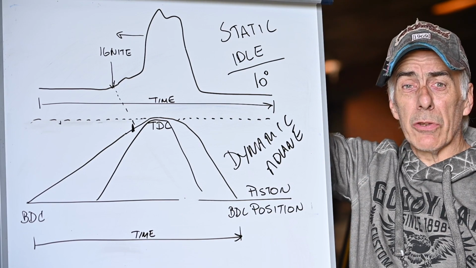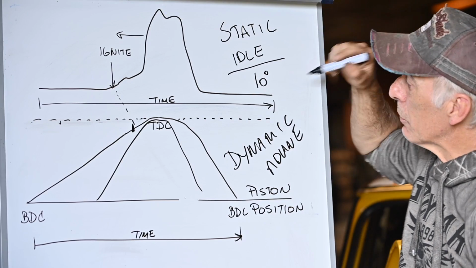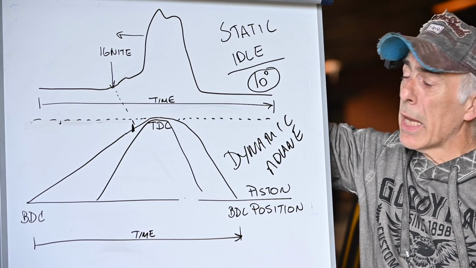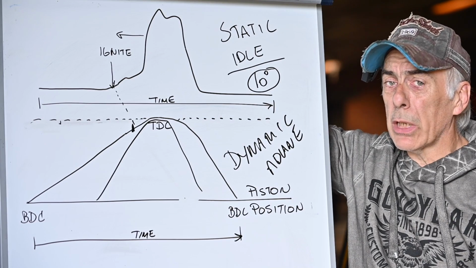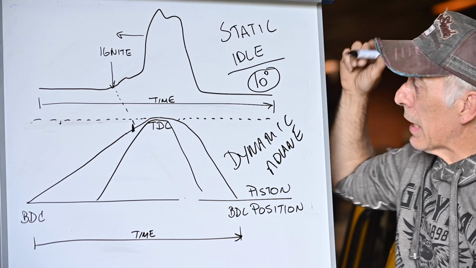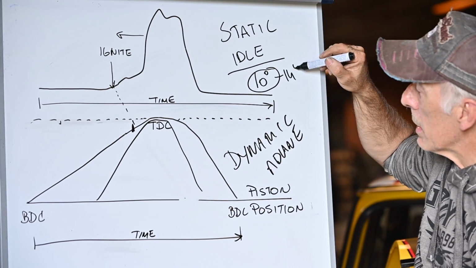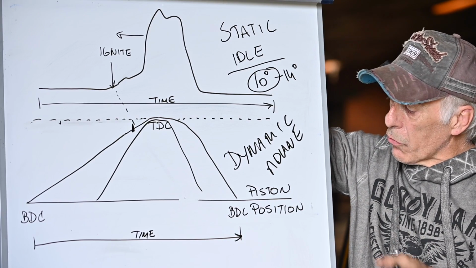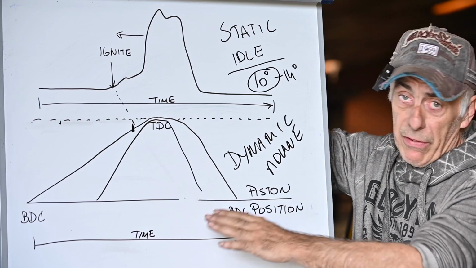Again, it all depends on the engine you have. But I like to start off with 10 degrees. And 10 degrees is not going to do any harm to any engine. And you will hear it on the engine how good it's running on idle anyhow. In fact, I don't even mind going to 14 degrees. It works.